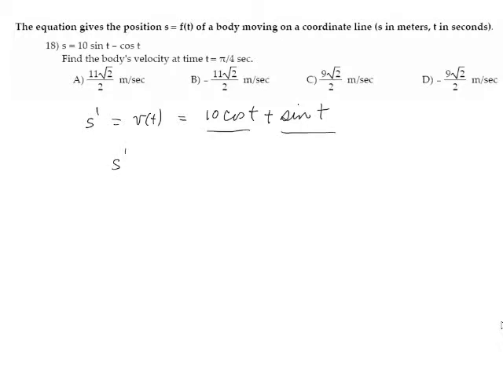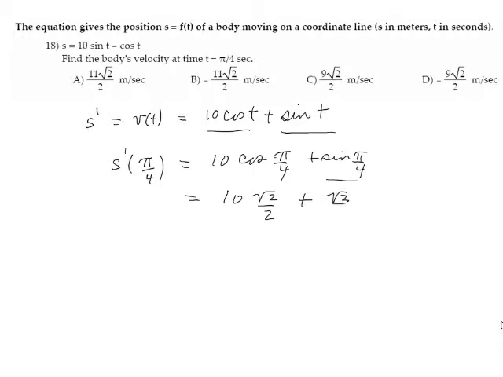Therefore, the velocity at pi over 4 is equal to 10 cosine of pi over 4 plus sine of pi over 4, which is equal to 10 times the square root of 2 over 2 plus the sine of pi over 4, which is also the square root of 2 over 2.